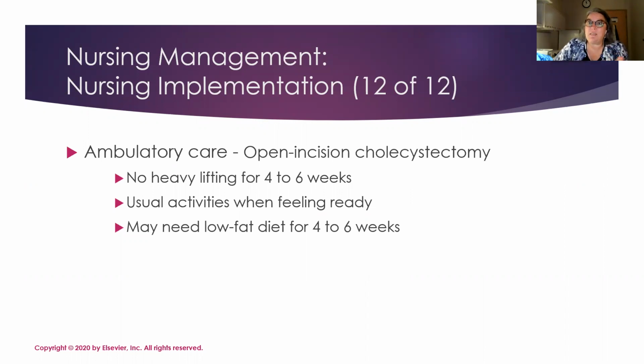After 2 or 3 weeks, maybe they can do a gallon of milk, or a gallon of water or a gallon of fluids, roughly 5 pounds. Usual activities when they're feeling ready. They may also need a low-fat diet for 4 to 6 weeks, again, for the same reasons as the lap chole person. Don't have the gallbladder reservoir of the bile. The body needs to adjust to not having that reservoir system anymore.